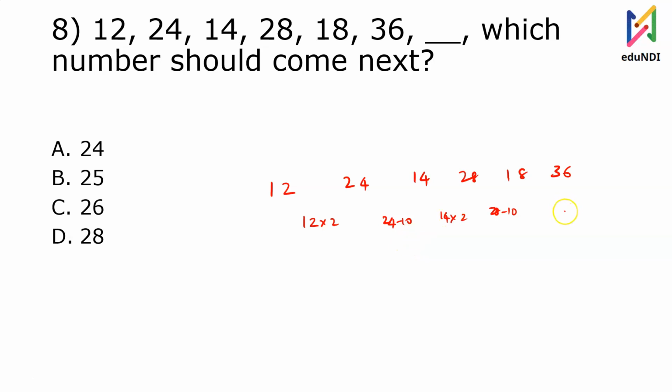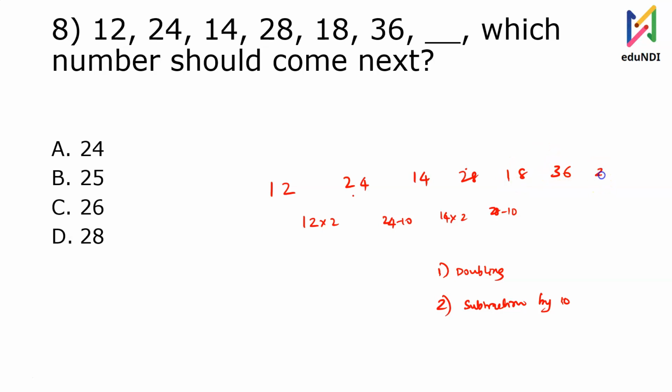Right? So what will be the next one? I subtract by 10. So what is the pattern here? First the doubling and then subtraction by 10. See here. 12 is getting doubled and then there is a subtraction by 10, 14. 14 is getting doubled, and then subtraction by 10. 18 is getting doubled.